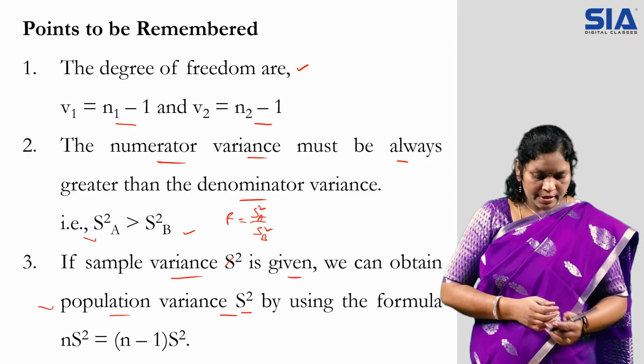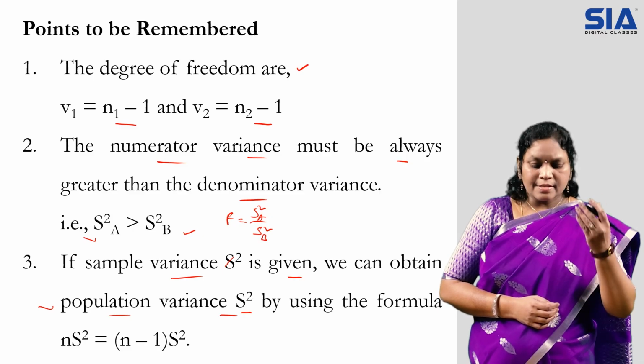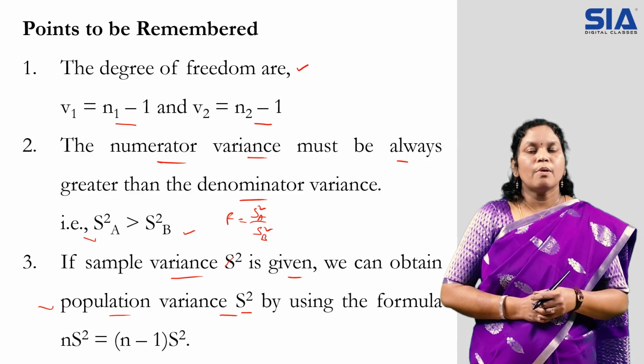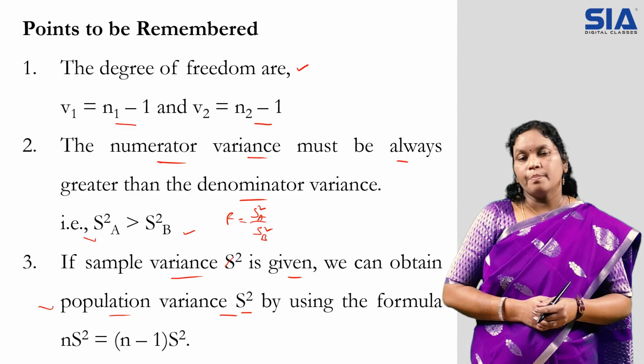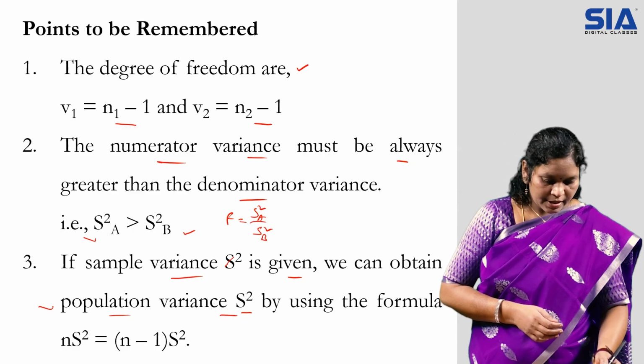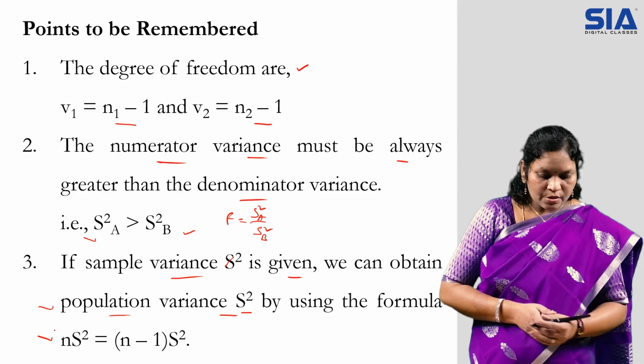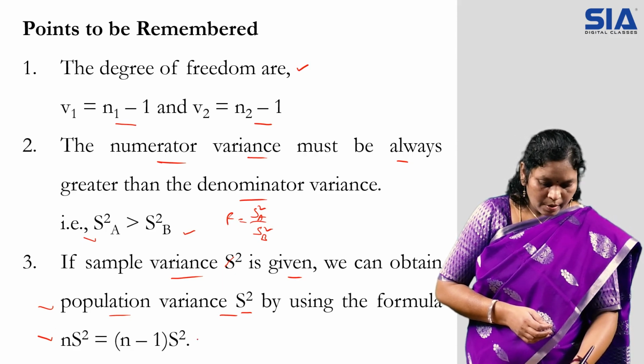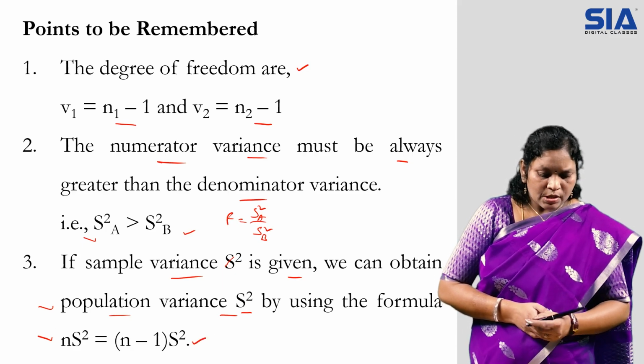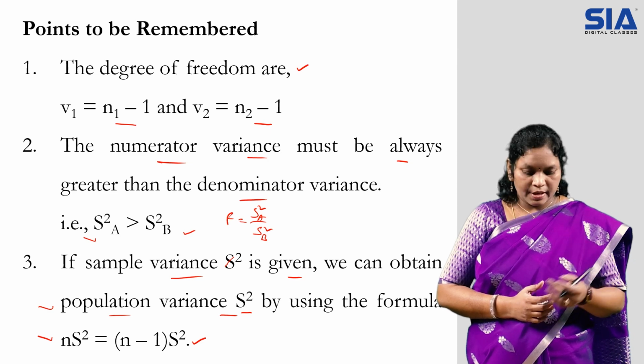Whenever we have sample variances and want population variances, we can use this formula: n s square is equal to n minus 1 times capital S square. In this way we can convert the data.